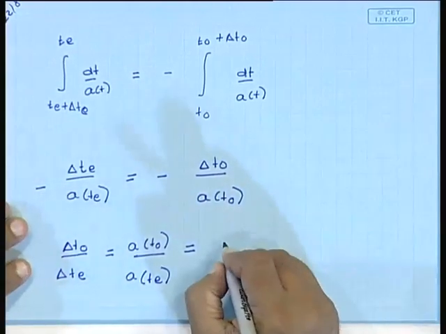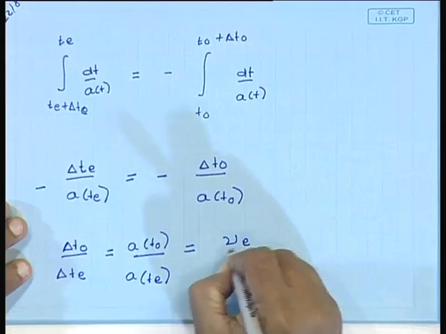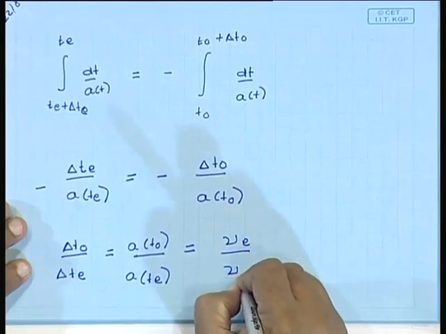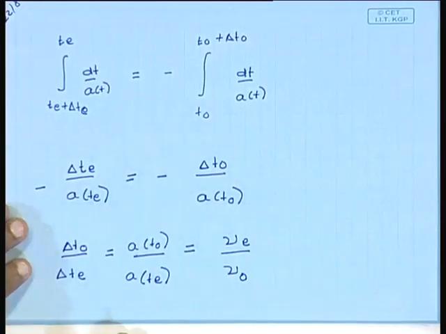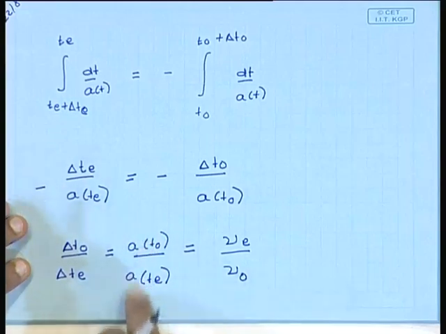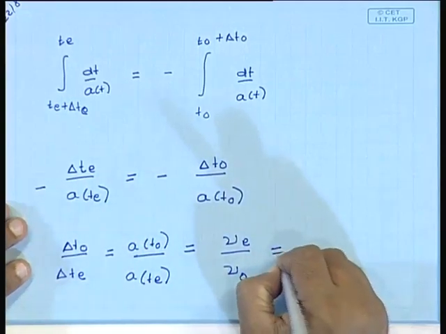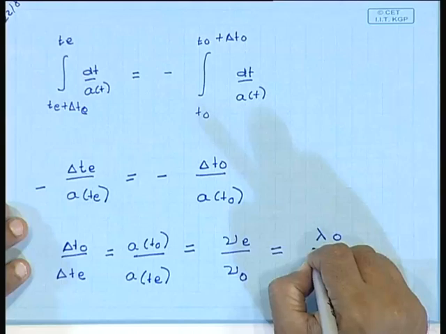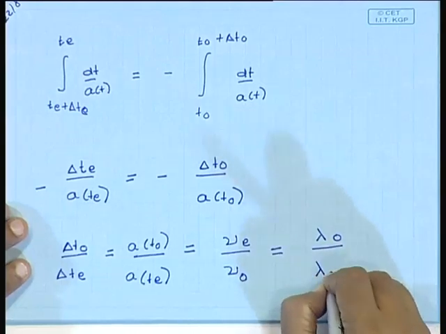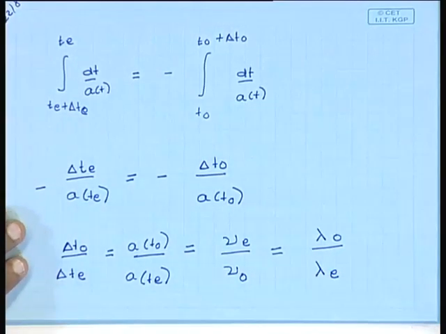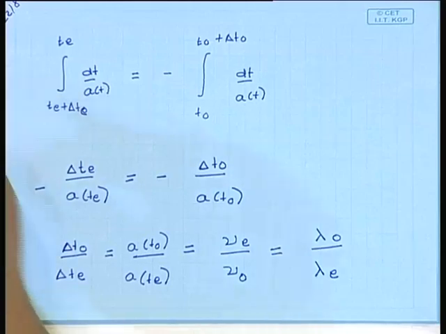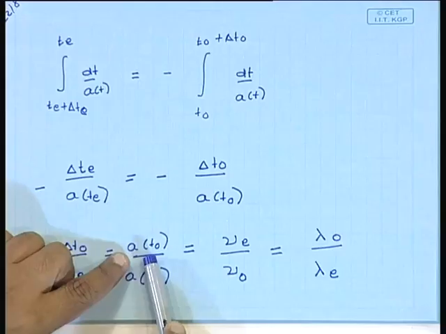So, you can say that the ratio of the emitted frequency to the observed frequency is the inverse of the ratio of the scale factors, and this is the ratio of the observed wavelength to the emitted wavelength. Okay. So, from this we can calculate the shift, how much the wavelength changes, okay. And we find that the wavelength gets scaled.